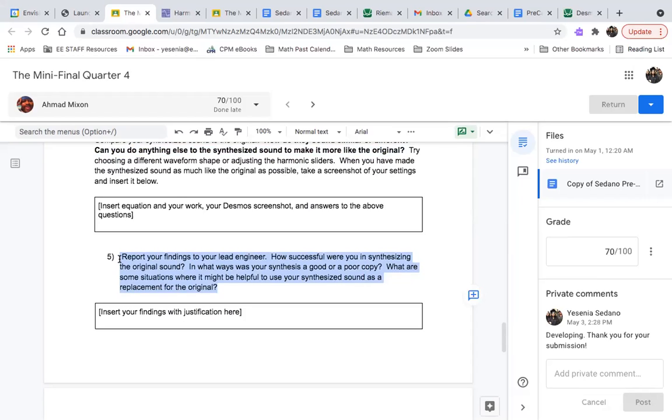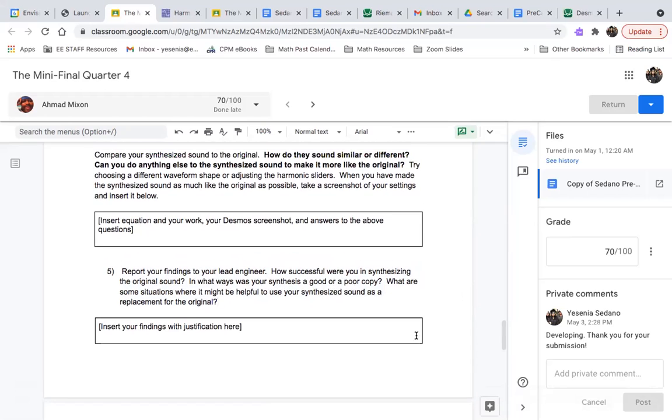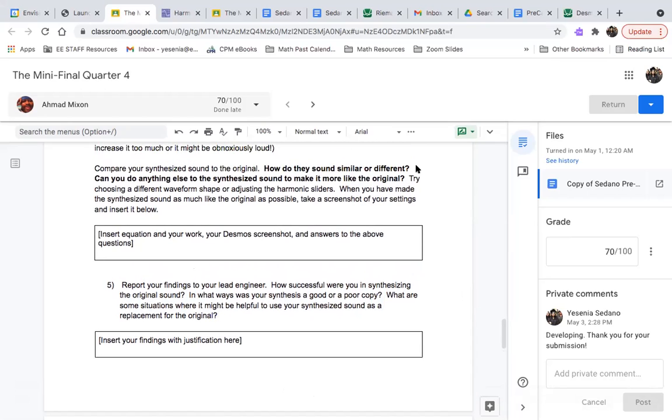Was your sound a good or poor copy? And then you're being asked to think about what are some situations where it might be helpful to use a fake sound as a replacement for the original. And again, this is pretty open-ended. Let me know if there's any more questions on 4 and 5. Other than that, if you're ready to get started on that, then you're totally free to.